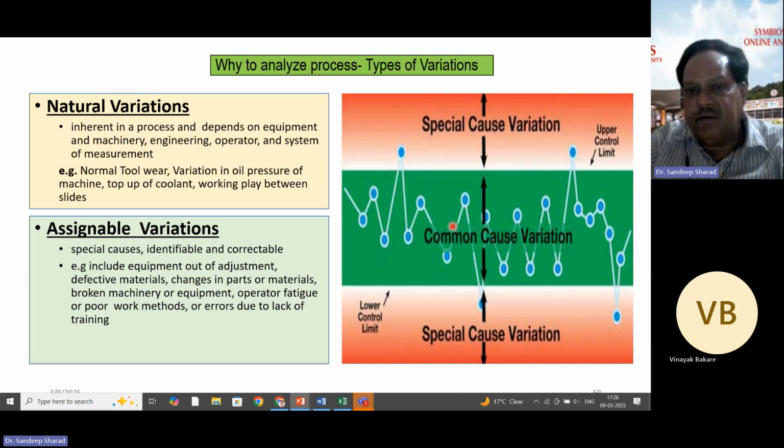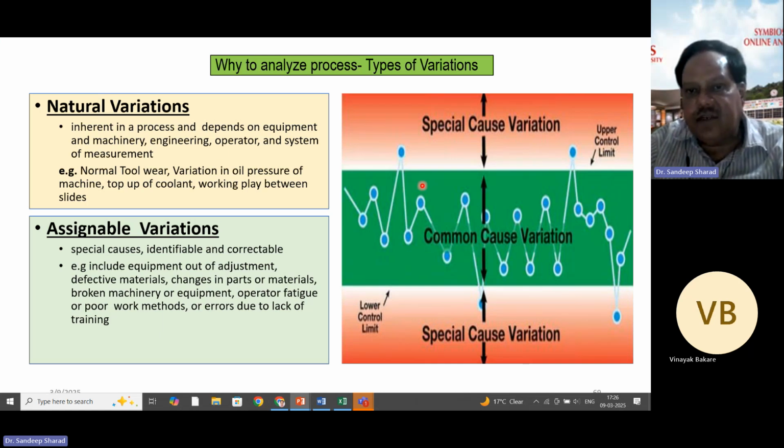If the variations go beyond those zones, for example two points on the lower control limit and two points on the upper control limit going beyond the green zone, those are assignable variations. Variations within the green zone are natural variations.